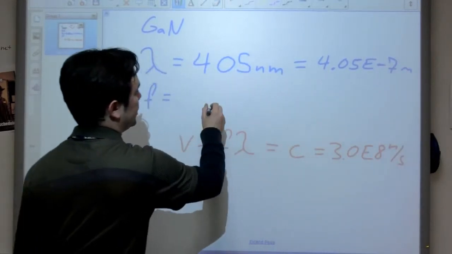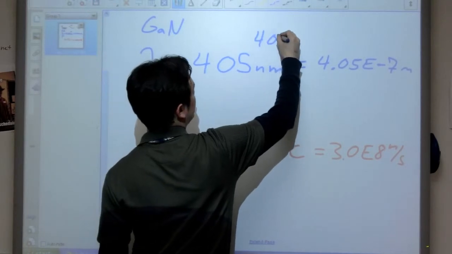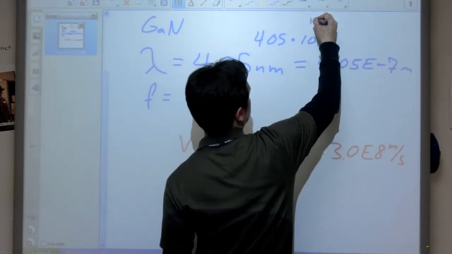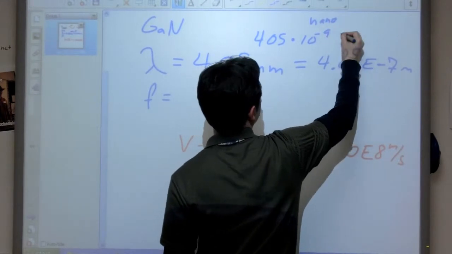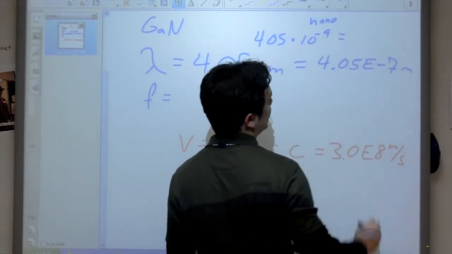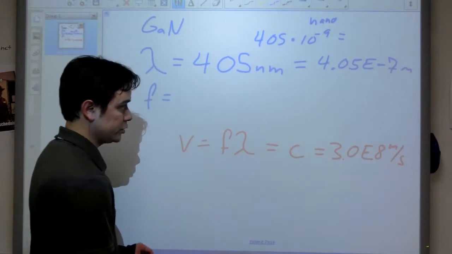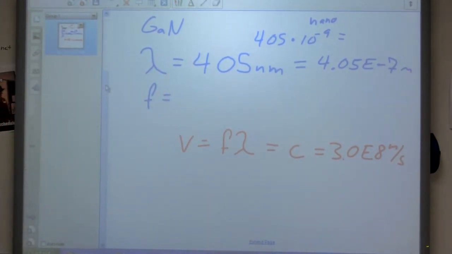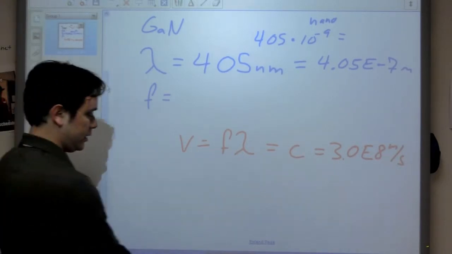For nanometers, I'll take 405 and multiply it by 10 to the negative 9, because this is what nano means, and that'll give me 4.05 times 10 to the negative 7. I apologize for the slip up there, but it never hurts to write it out, as you can see.